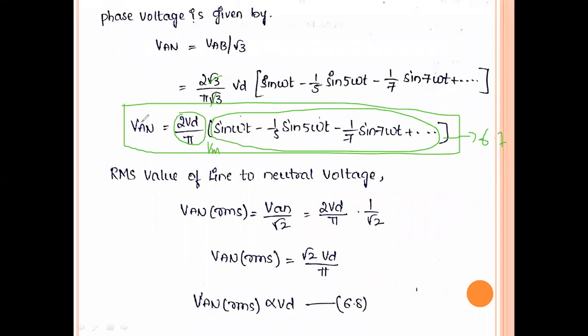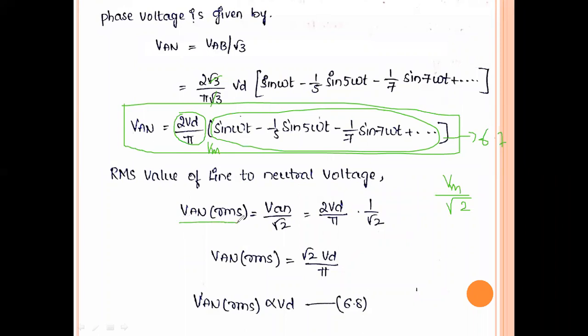Okay, now this is a phase voltage, but we need to get the RMS value. So we know the RMS value can be written as maximum value by root 2. Vm by root 2 gives the RMS value of this particular phase voltage.